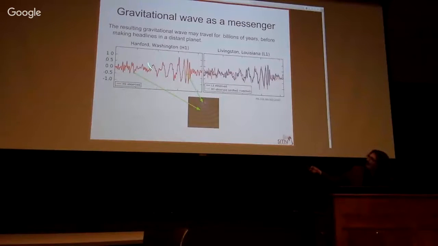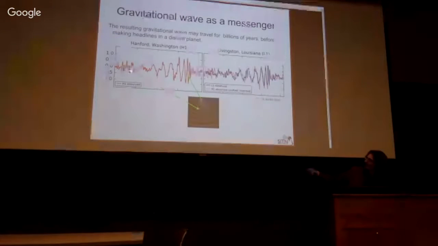And now let's connect this to what I was talking about. If you go back to the far left again, you can imagine here that the two black holes are far apart. So in fact, the gravitational wave that they are producing is not strong enough.